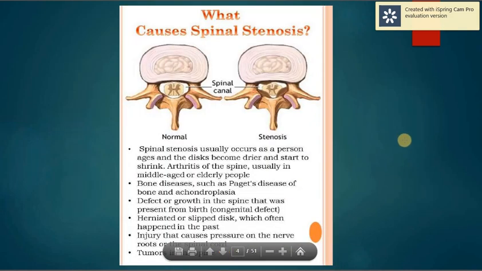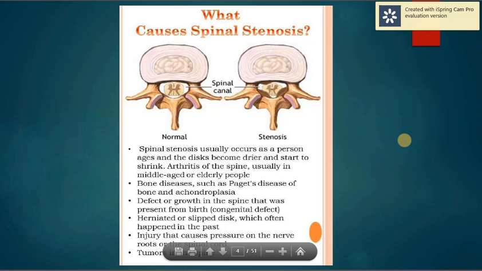And the causes, what we are going to discuss, there are a number of causes. It usually occurs in a person as he ages, and the discs become drier or shrink, and arthritis of the spine takes place, usually in middle-aged or elderly people.